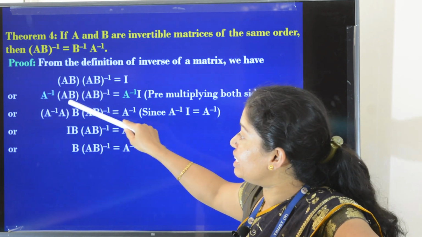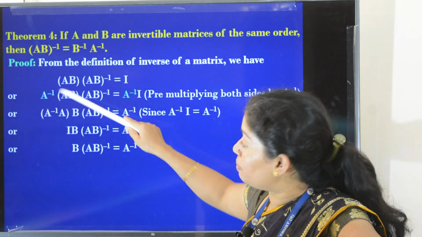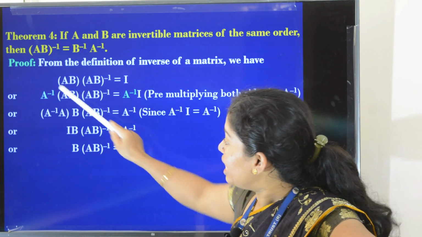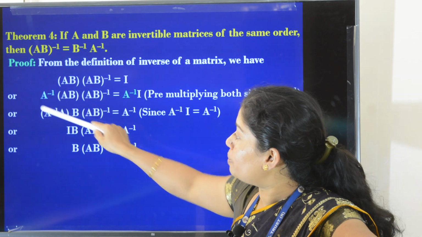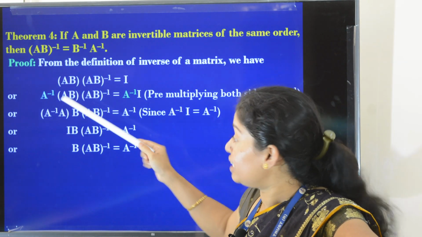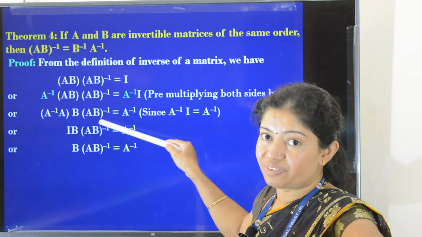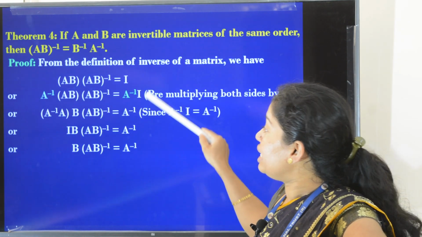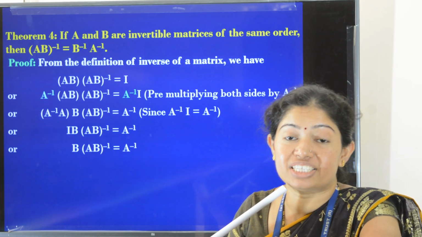We can write A inverse into AB as A inverse into A, put a bracket for these two, then B goes outside the bracket, into AB whole inverse is equal to A inverse into the identity matrix.